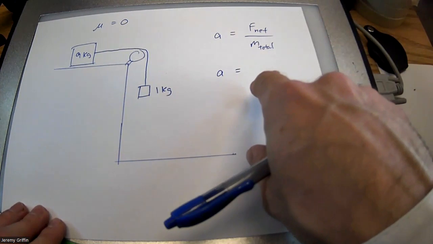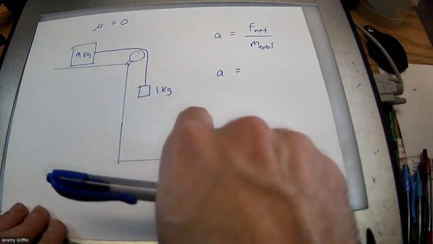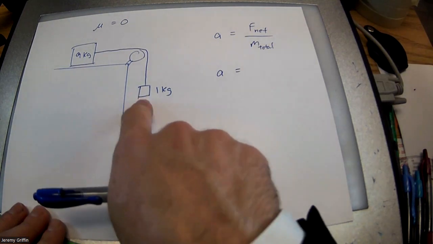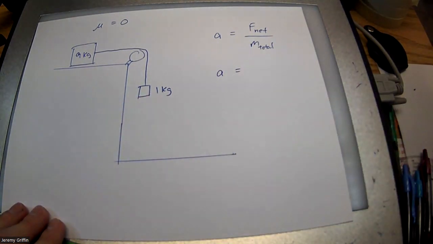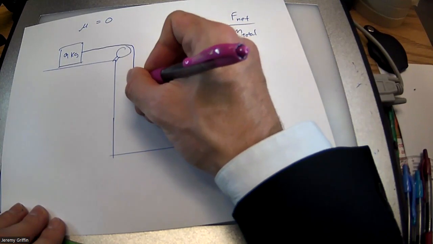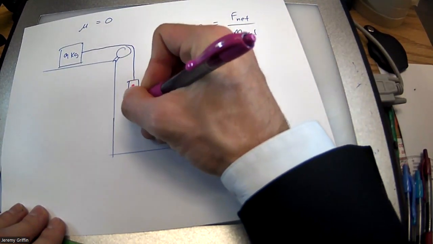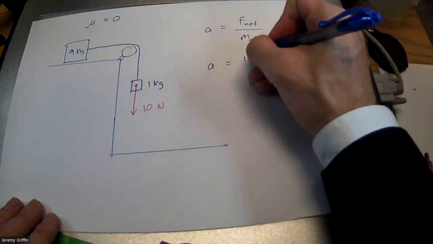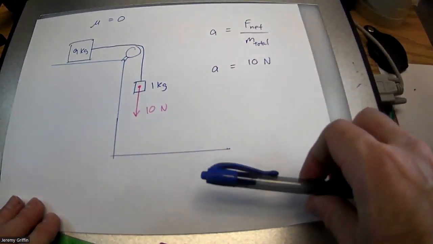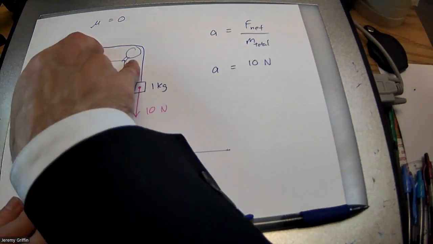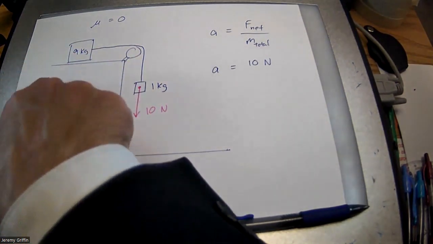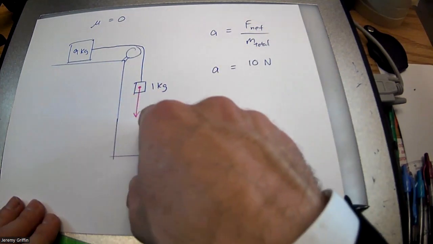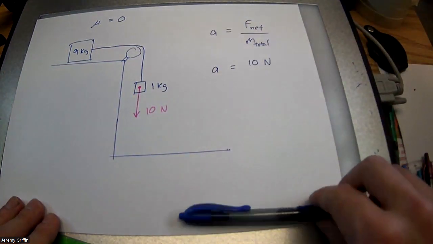Then what is the net force on this 2-block system? Isn't it just the weight of the hanging one? Yeah, which is how many newtons? Yeah, 10 newtons. So here's a partial free body diagram. I do see 10 newtons of weight there. Now there are some other forces, but they are either internal, like the tension, or they cancel out, like the weight of the big block and the normal force of the big block. So this weight is the net force on that 2-block system, right?